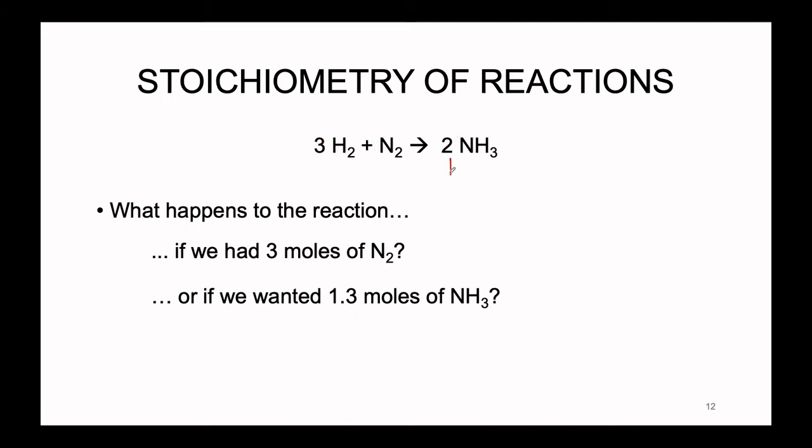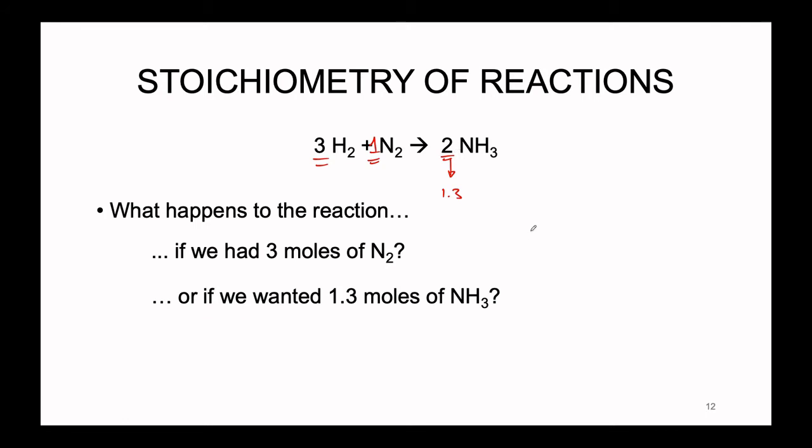If we want to scale this down to 1.3 moles of our product, the way that we can predict how much of the other reactants we would need is just by observing the values presented here, these stoichiometric coefficients, in our balanced chemical equation.